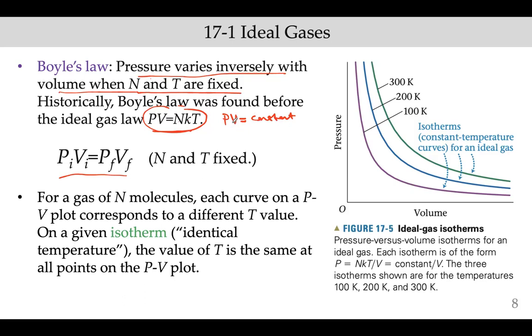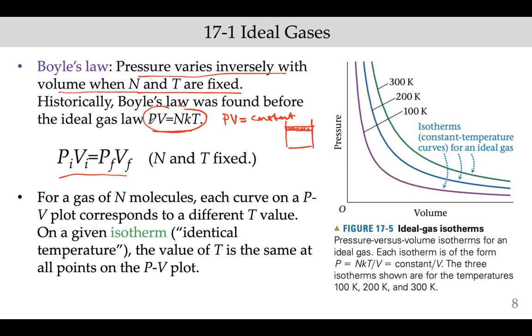And you can do this experimentally. You can fix N and T. So you can have your gas, and you can have a piston here, so the volume can change. This piston can go up and down.